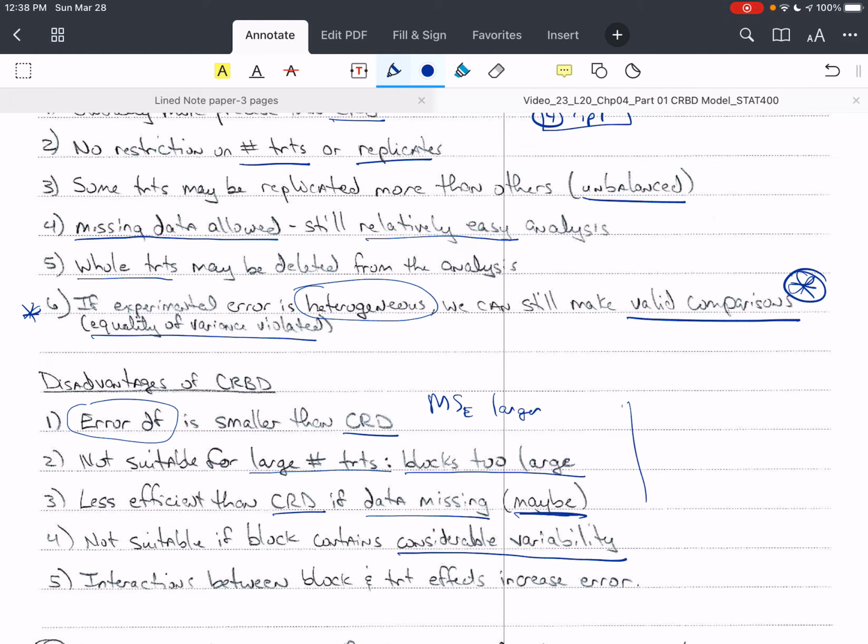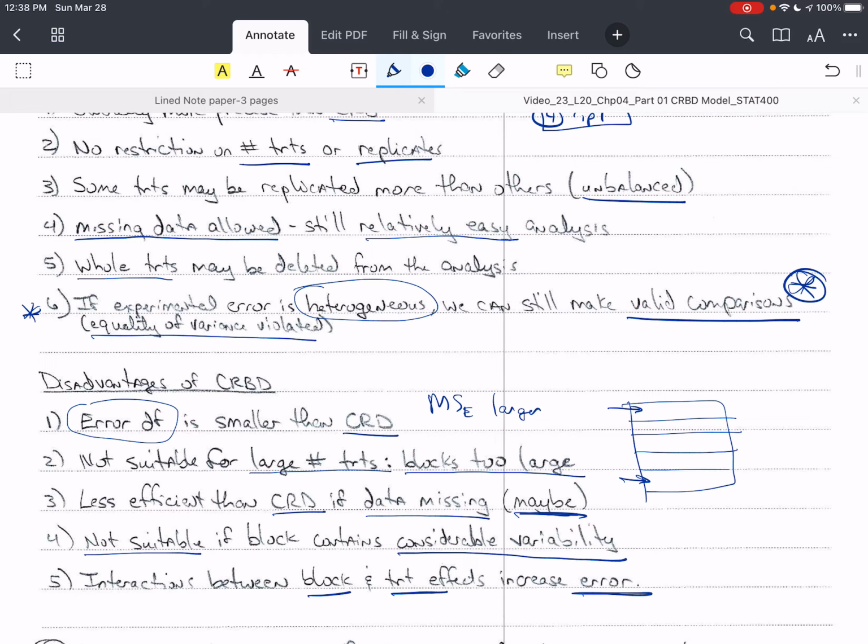That if we divided the block up into portions, and from this end, the average here is very different than the average here, then that wouldn't be an appropriate block. This is not a suitable method if the block contains too much variation between the different zones. Okay? And then the interactions between block and treatment effects can increase our error if that exists.